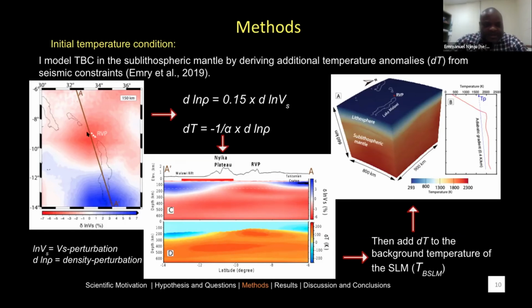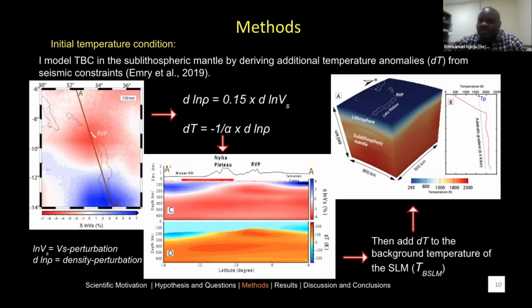And we can see that we have a low velocity zone focused beneath the Rungwe volcanic province. If we convert this shear wave velocity perturbation first to an equivalent density perturbation by multiplying with a velocity to density conversion factor of 0.15, which Becker in 2006 showed that we can use.